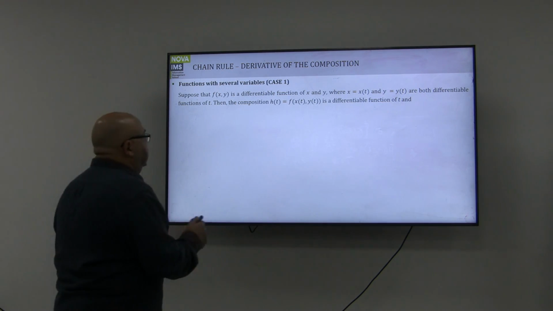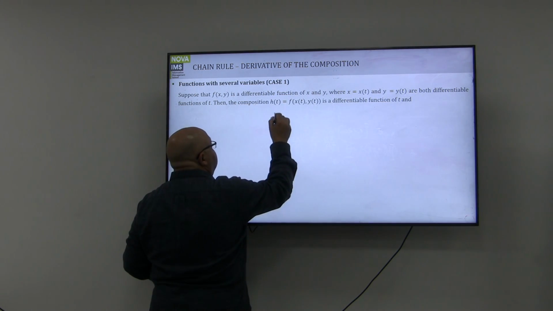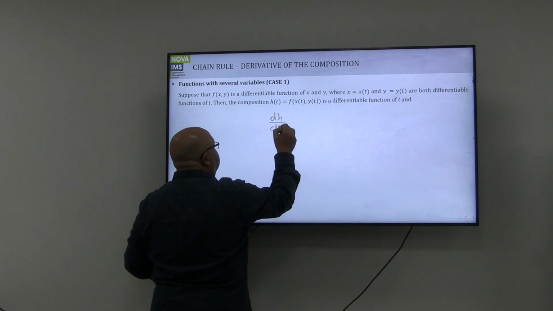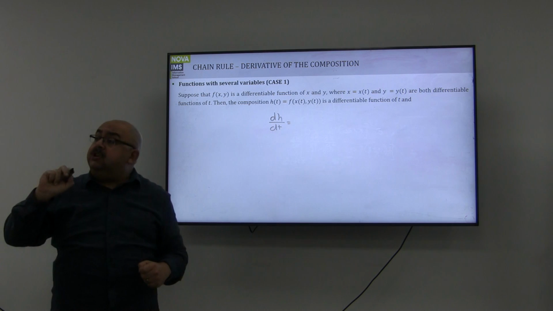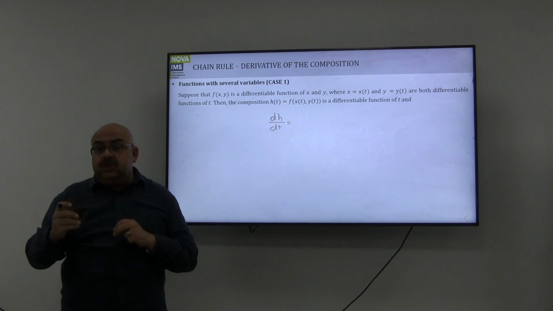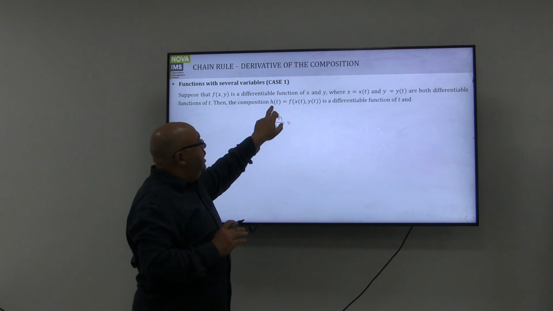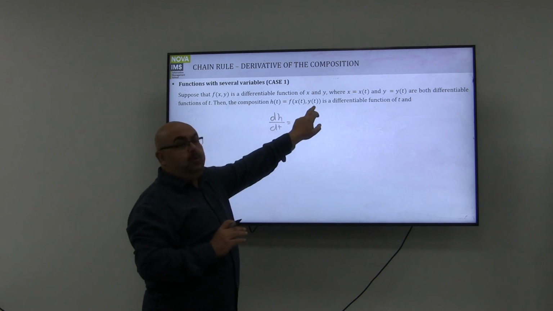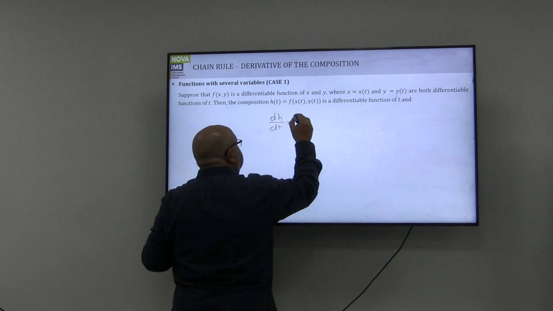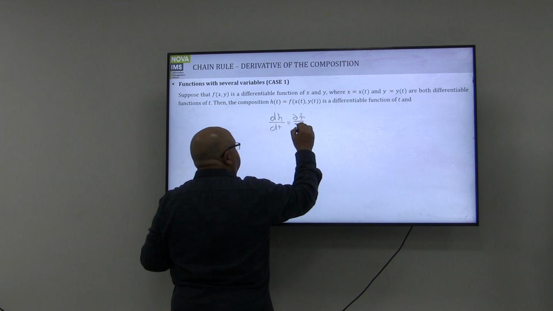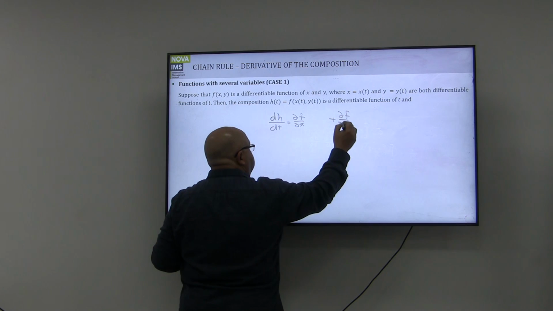So in this case, if I want to have dh by dt, I will have to do the following. I will have to differentiate h first with respect to its variables. And as you can see, h is a function in x of t and y of t. So all I have to do is first get partial f partial x, then plus partial f partial y.